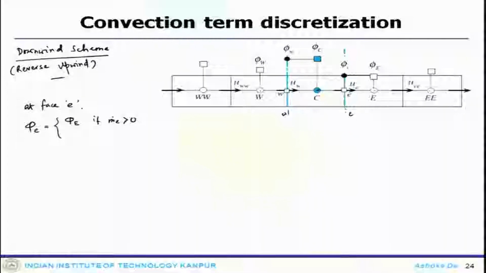So, it is a reverse upwind scheme: compared with the upwind, if the east face mass flux is greater than 0, or positive, then phi E was supposed to get the contribution from phi C. In the other case, if m dot E is less than 0, this will be phi C. So, in the reverse upwind, it just becomes flipped.